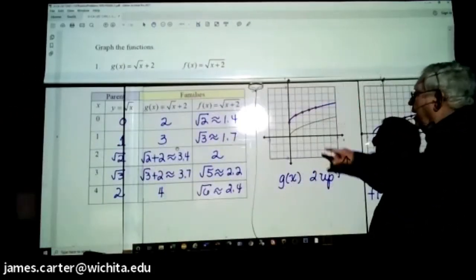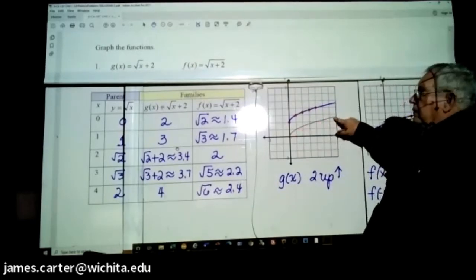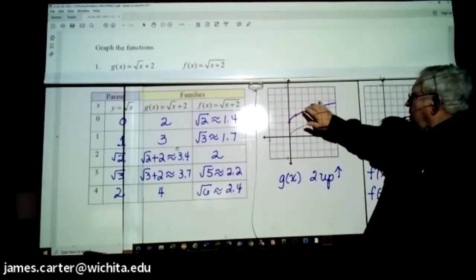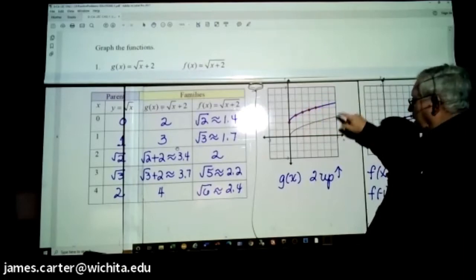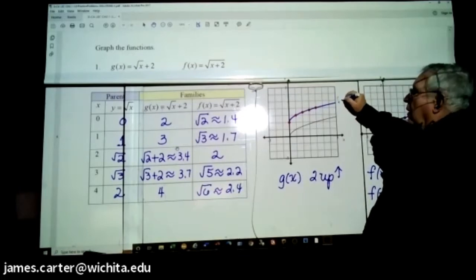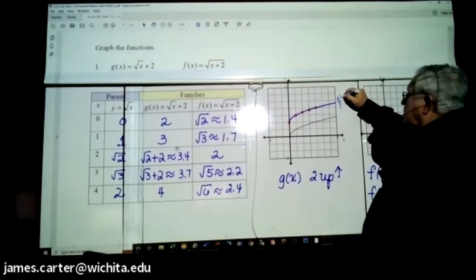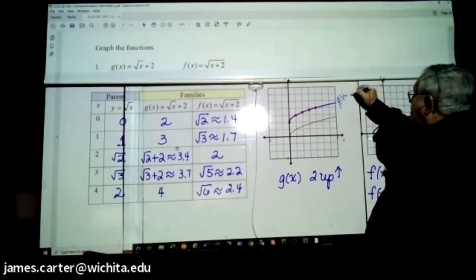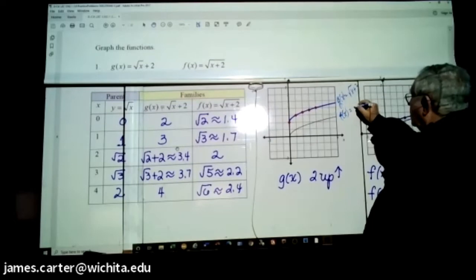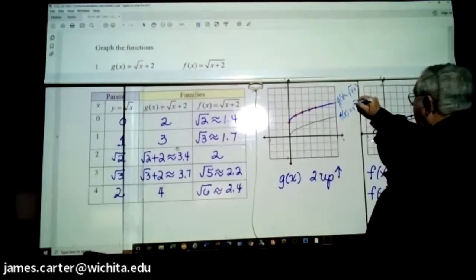Because if you can graph the basic y equals square root of x, and then just shift it up 2, and show me both of these lines and label them, that's g of x equals square root of x plus 2, and this is just f of x equals square root of x.